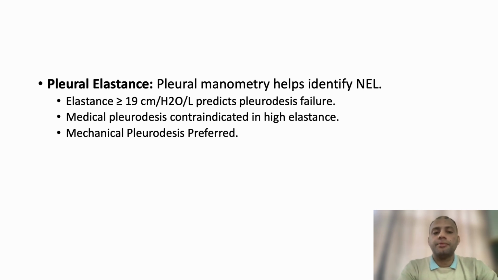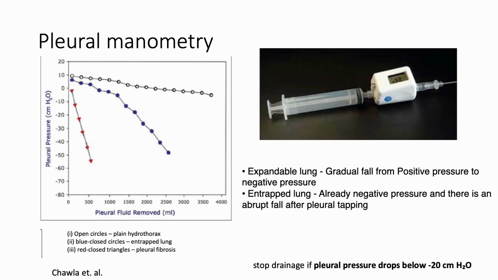It is usually measured by pleural manometry. An elastance of more than 19 cm water per liter predicts pleurodesis failure. Medical pleurodesis is contraindicated in high elastance. Mechanical pleurodesis like thoracoscopic abrasion, or if needed decortication, is used instead.